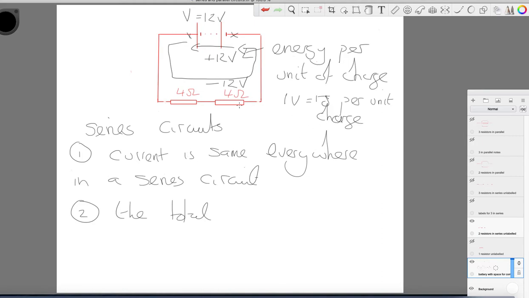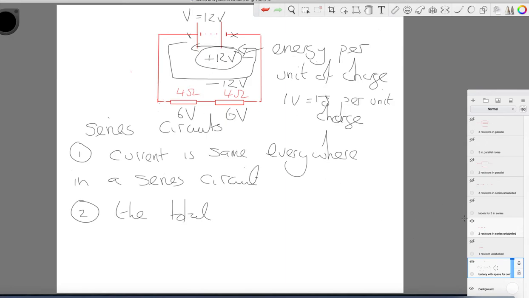So, because these two are equally difficult to get through, you're going to lose half of the energy for every unit of charge there and half of the energy for every unit of charge there. Now, if we had just the one resistor in there, then the whole 12 volts would be dropped across that one resistor.